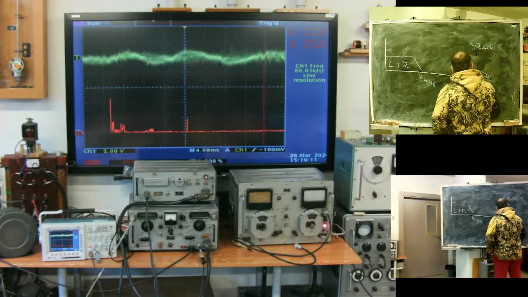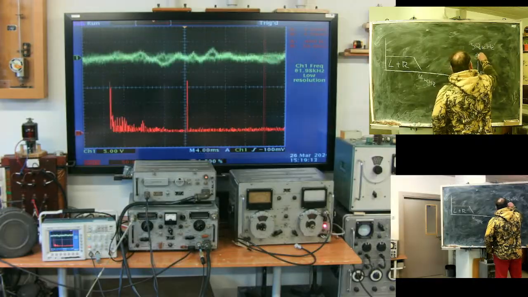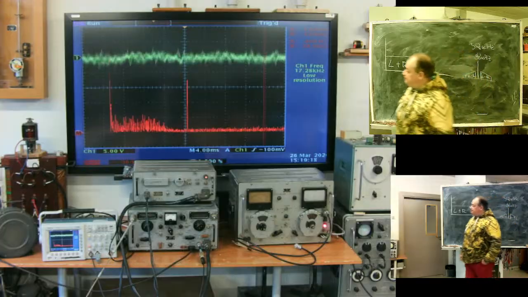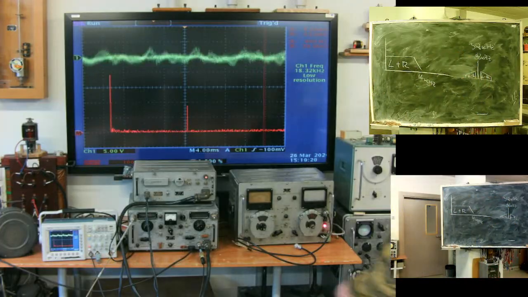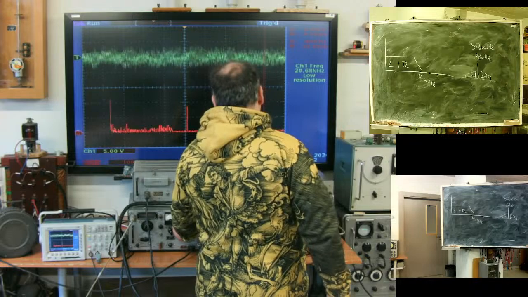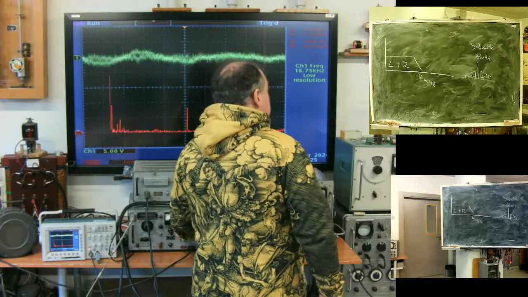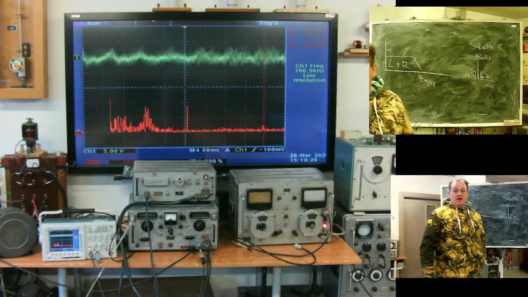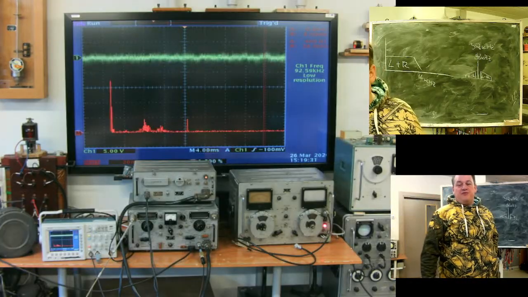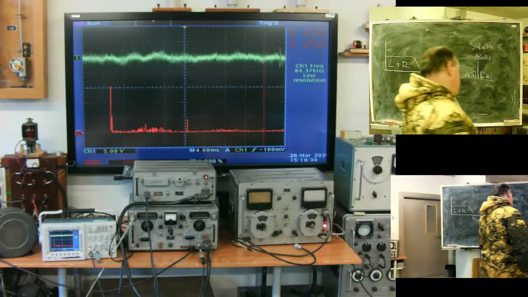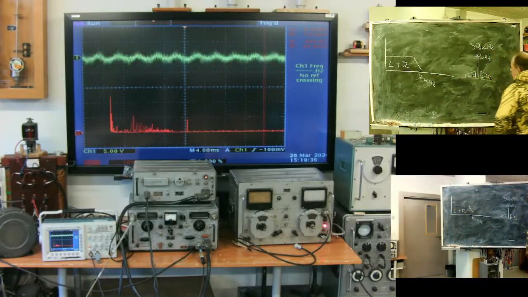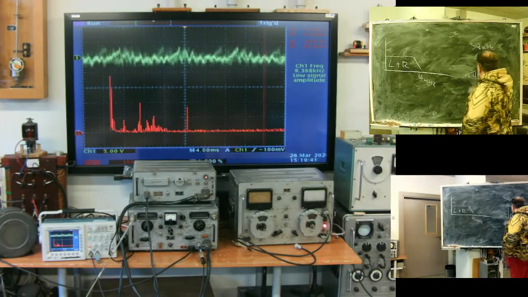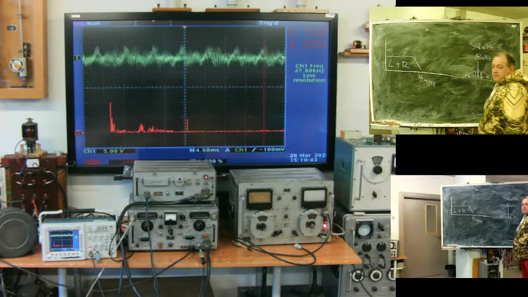Here there should be a line at 38 kilohertz, but there is no such line. Because if it were here, it would interfere with the sound of the TV channel. So the decision was taken to suppress it, to use balanced modulation.